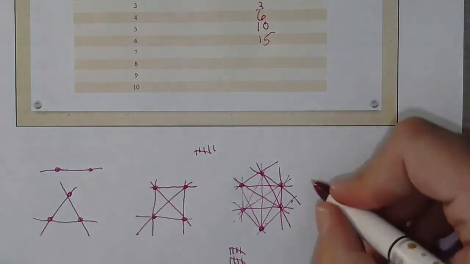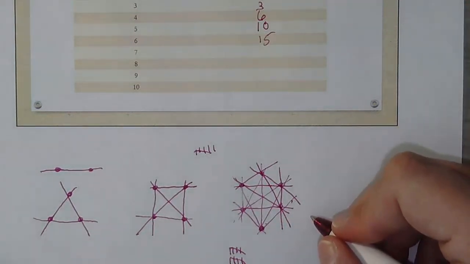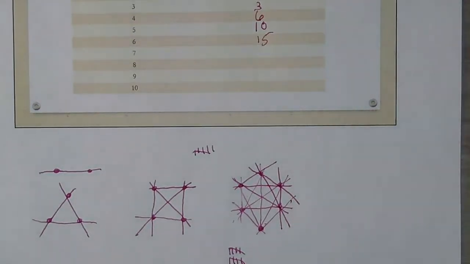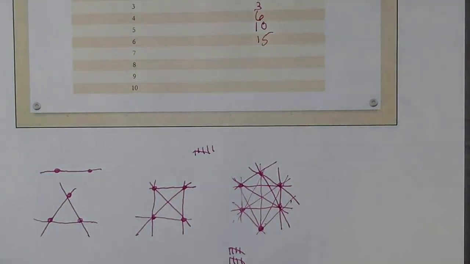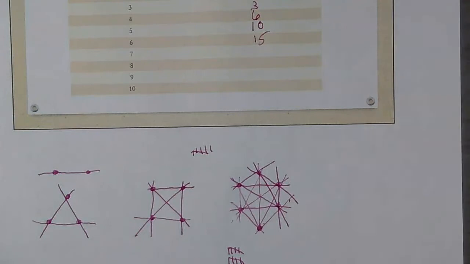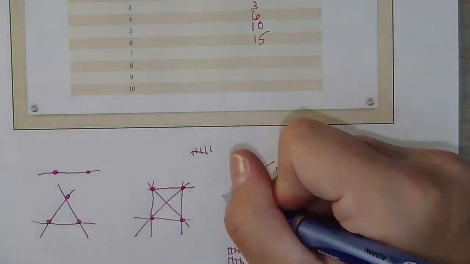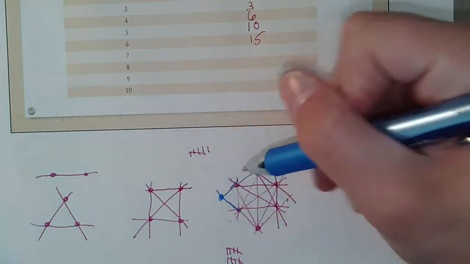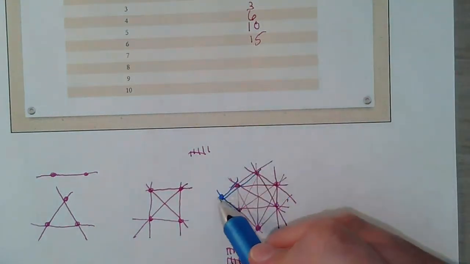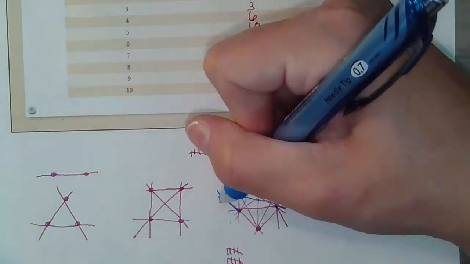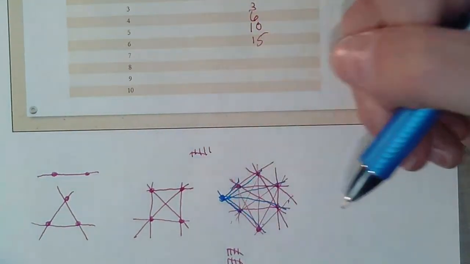If I add a 7th point, let's say, and I'm going to get a different color so we can see it a little bit better maybe. If I add a 7th point, this one can go to this one, here, 2, that's 3, 4, 5, 6.